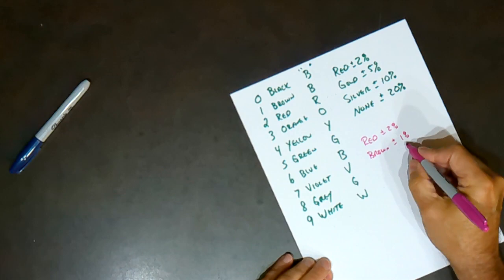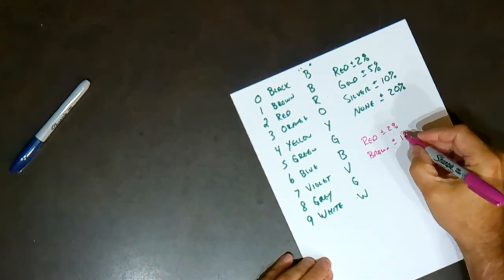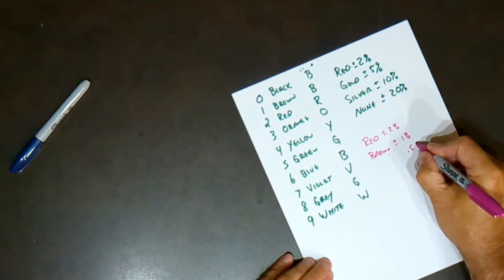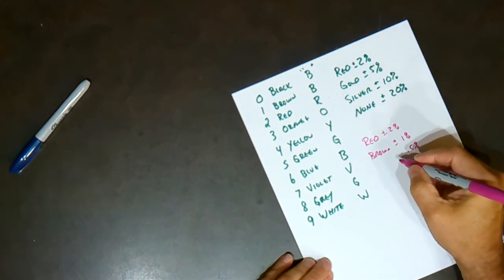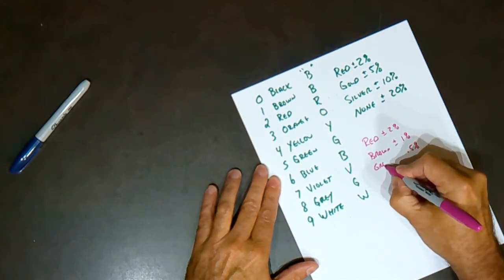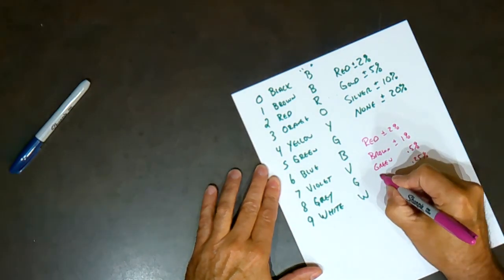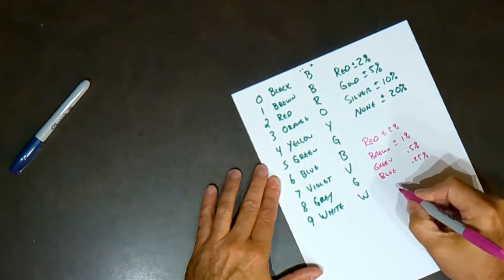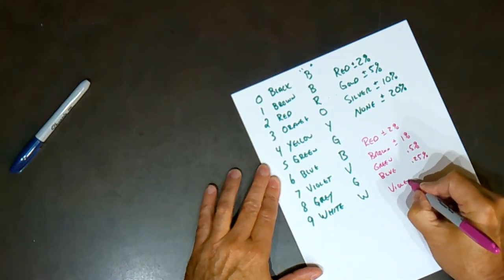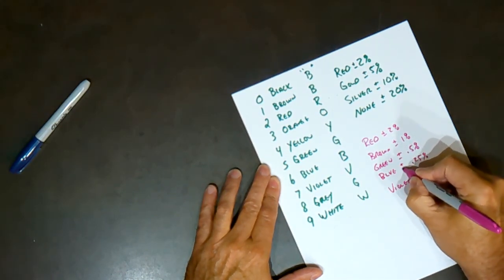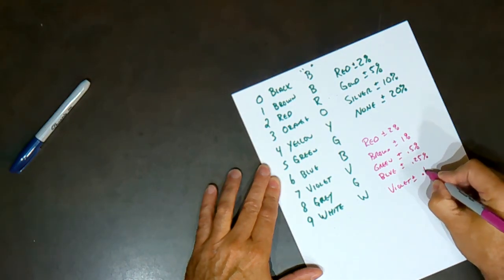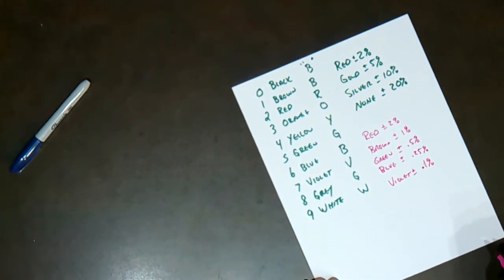And then from there, we could have 0.5%, and that would be green. And then 0.25% at blue, and finally violet at plus or minus 0.1% tolerance.